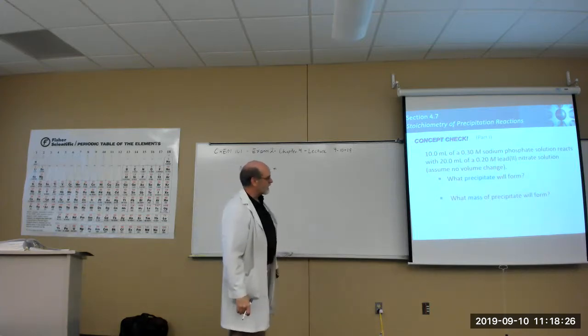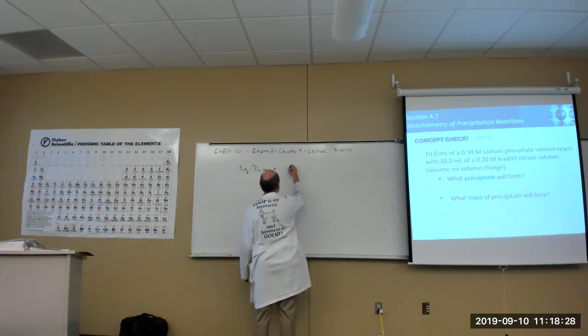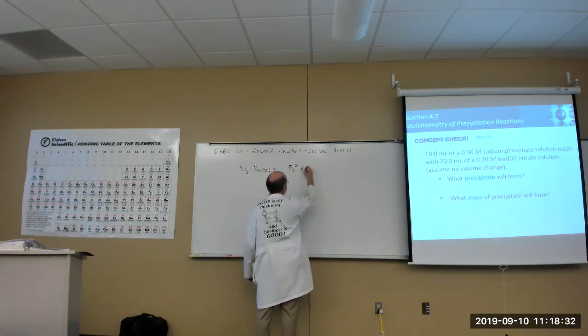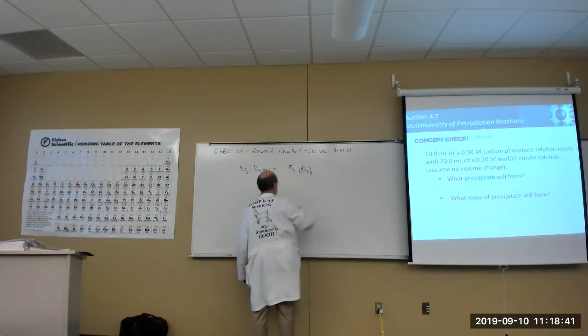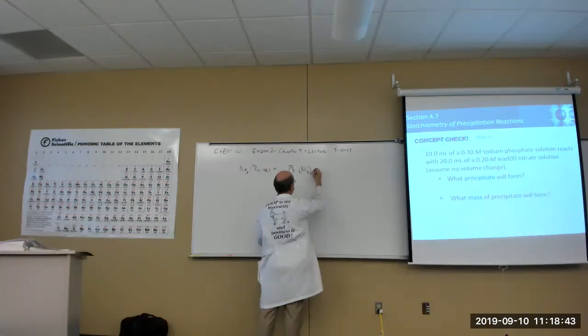Then we have lead-2 nitrate, lead is a 2 plus, and nitrate is a 1 minus, so we need 2 nitrates, okay? In solution, nitrates are all soluble.